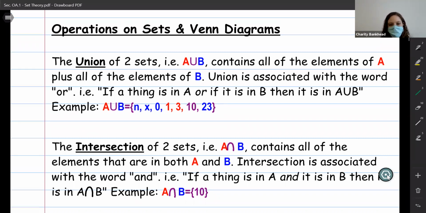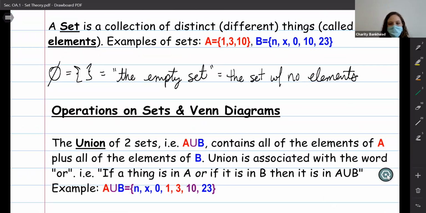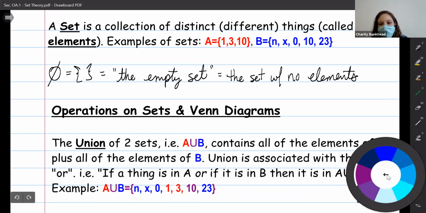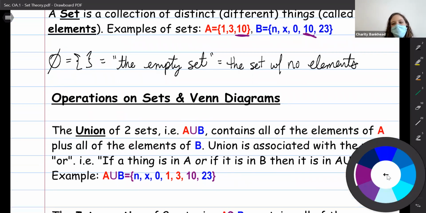In that example, the only element the two sets have in common is 10, so that's the only element in the intersection. The union has all of those elements, but you only list each thing once. Even though they both have 10, you still only list it once when doing the union.